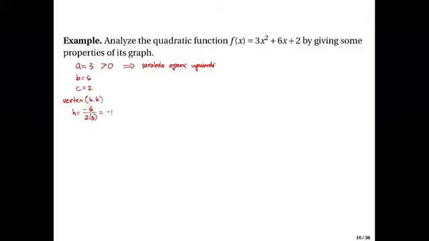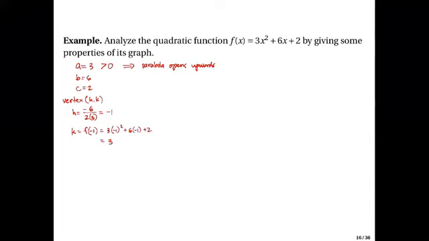And this is just negative 1. And then, of course, k is just f of negative 1. And we will have 3 times negative 1 squared plus 6 times negative 1 plus 2.